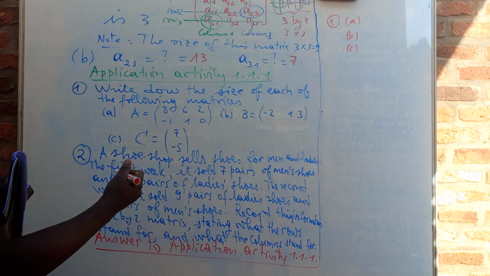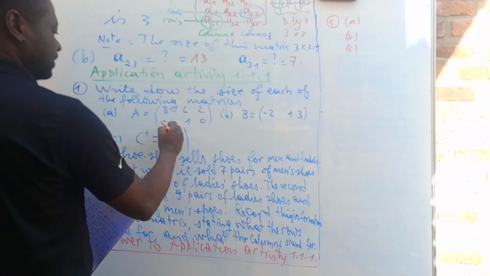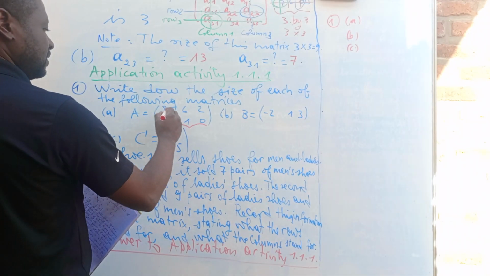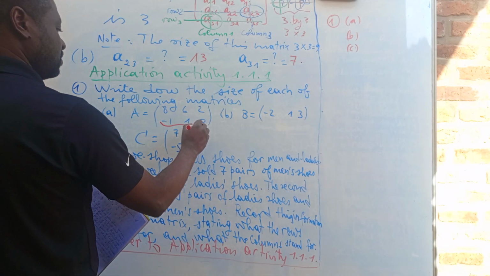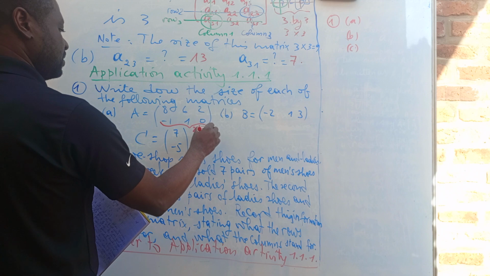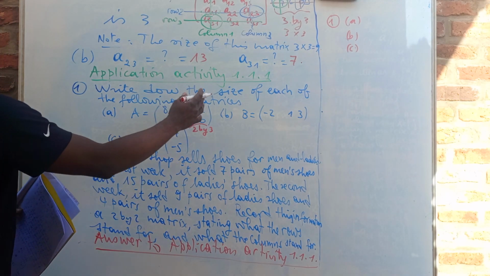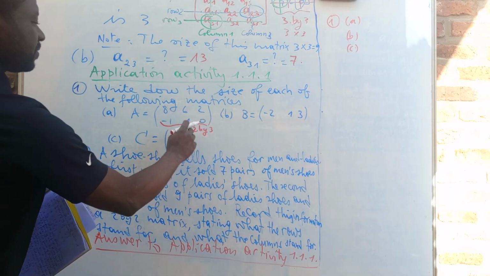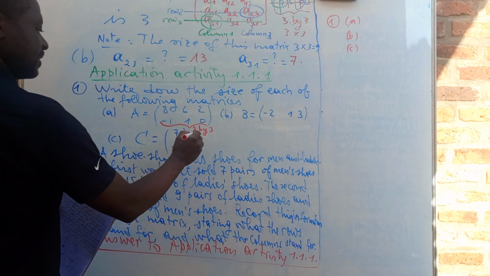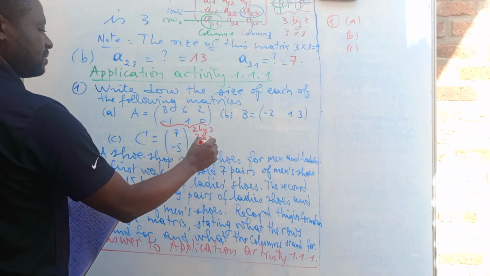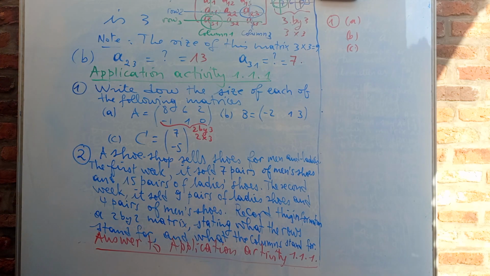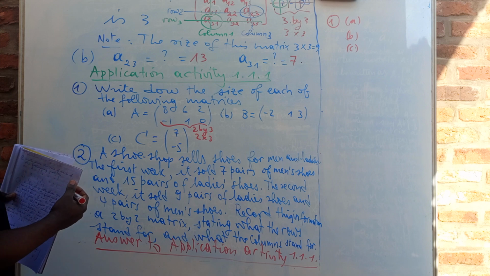The first matrix A has 2 rows, 3 columns. This is a 2 by 3 matrix, 3 columns, 2 rows. Sometimes we can write it as 2 times 3, which is actually 6. That is the size of this matrix.